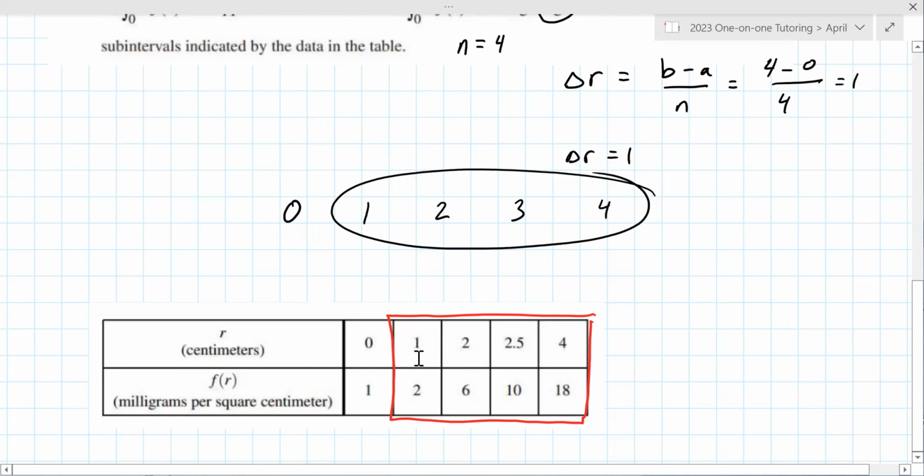Going from 4 to 2.5, your delta r is 1.5. From 2.5 to 2, it's 0.5, 2 to 1, delta r is 1, and 1 to 0, your delta r is 1 again.